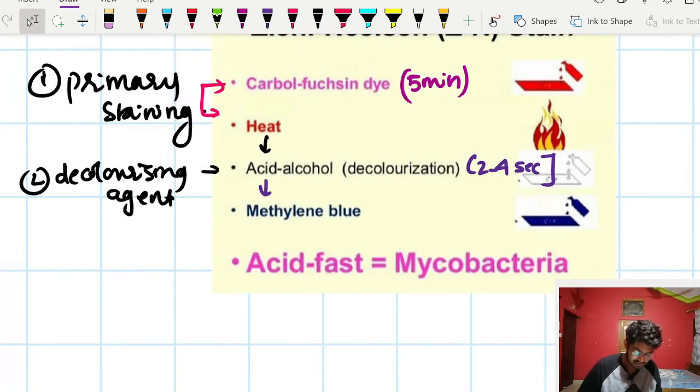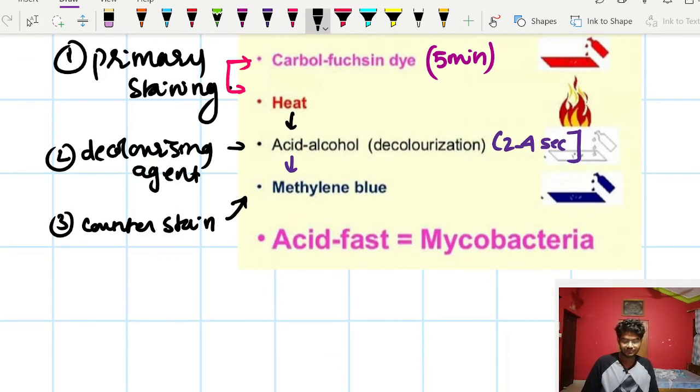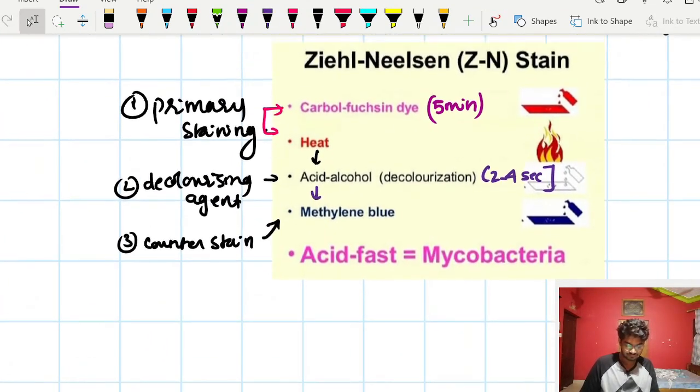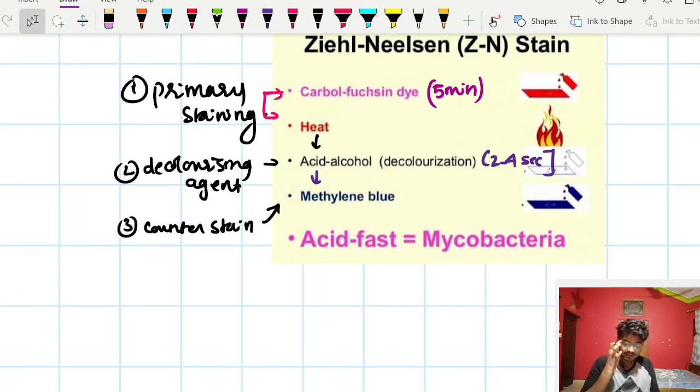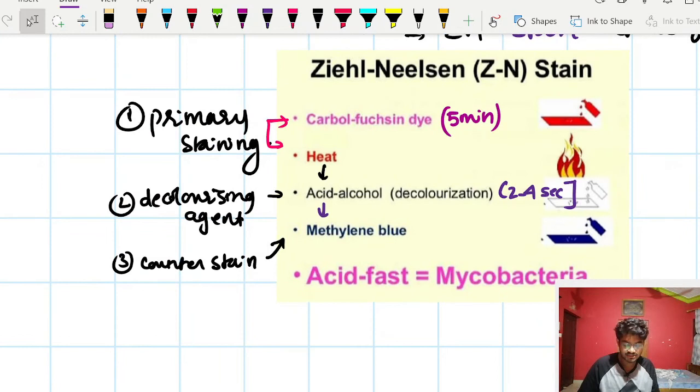Then our third procedure in ZN staining is the counter stain. The counter stain is our methylene blue. Acid fast positive organisms will hold the carbol fuchsin dye, which is pink in color.